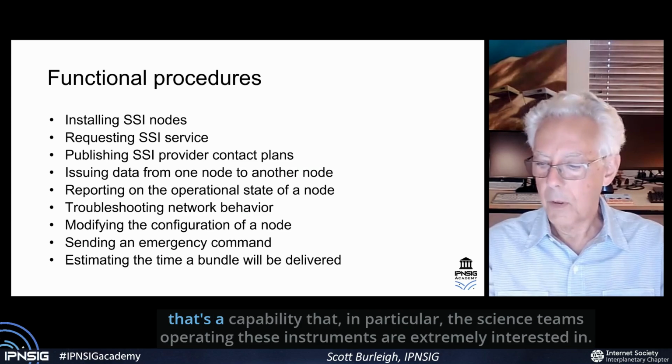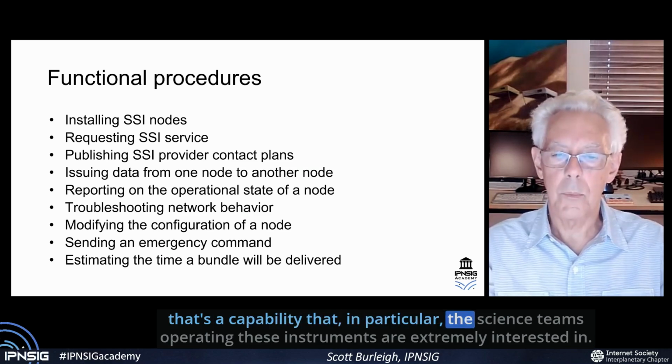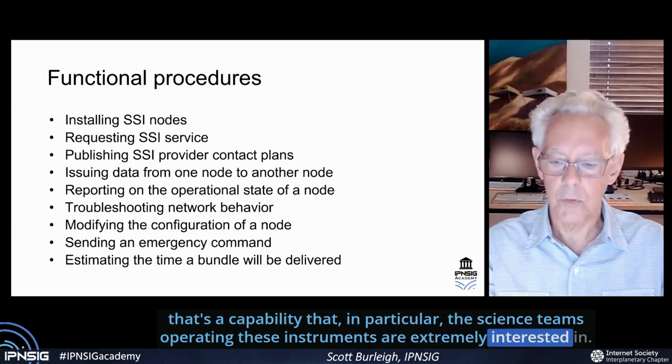That's a capability that, in particular, the science teams operating these instruments are extremely interested in.